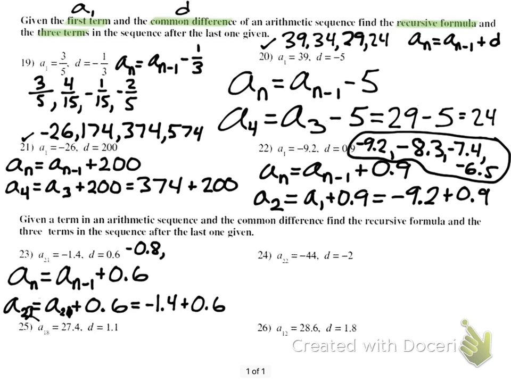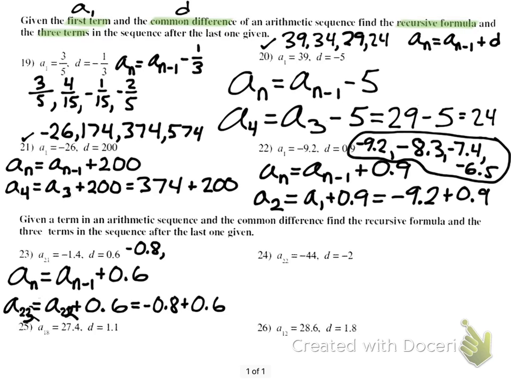All right, so in any case, a sub 21, that was negative 1.4. We are adding 0.6 to that, so we get negative 0.8. And then to now find the next term, which would be a sub 23, let me just quickly edit that. We would need to take a sub 22 and just add 0.6, and a sub 22, that was negative 0.8.